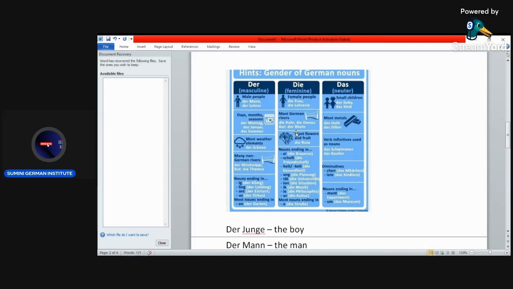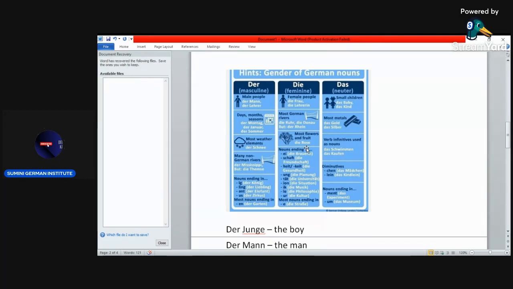The Rhine River in Germany does not use feminine, but masculine, der Rhein. But the other German rivers use feminine. Most flowers and fruits. For example, the rose, die Rose.